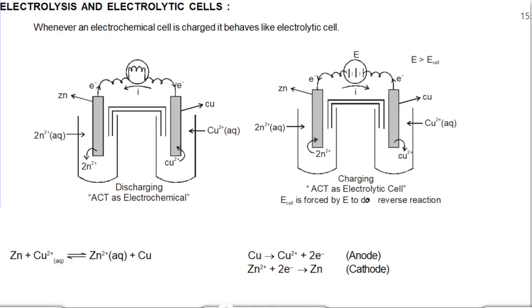Yes, whenever we have an electrolysis or electrolytic cell, it is behaving opposite to the electrochemical cell. So whenever we recharge the electrochemical cell, it behaves like an electrolytic cell, because the battery will help to do the reaction.